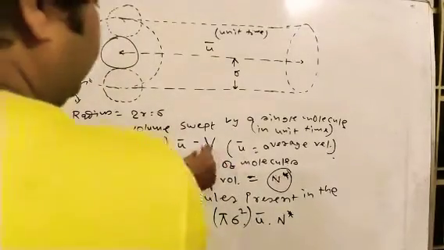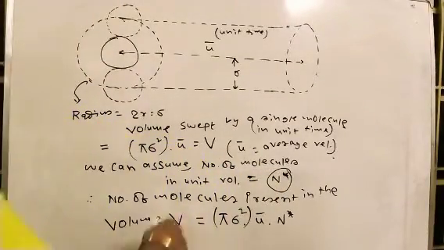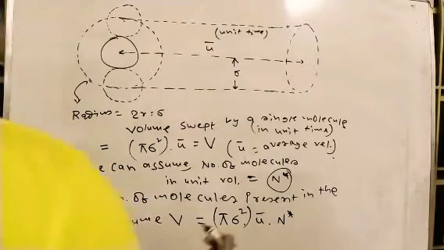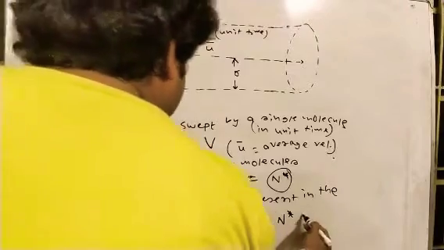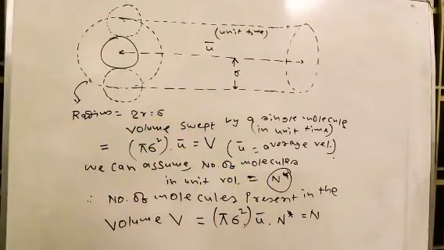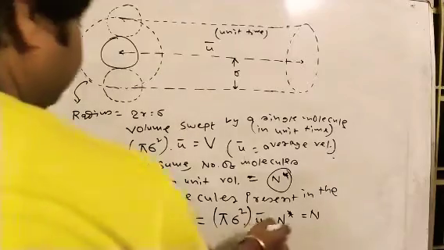So total volume is V into n star actually. So the number of molecules present in the volume V is equal to pi sigma square u bar into n star. Making sense? So I can say this is equal to n. So what is n? The number of molecules present in the volume V is equal to this much.